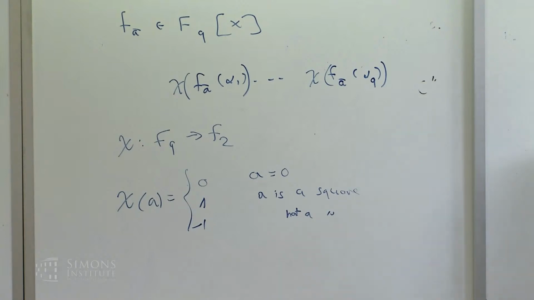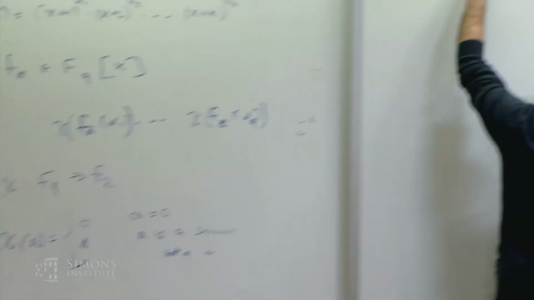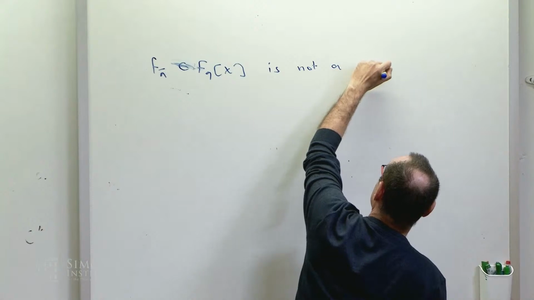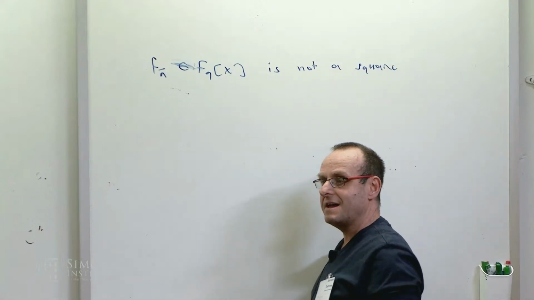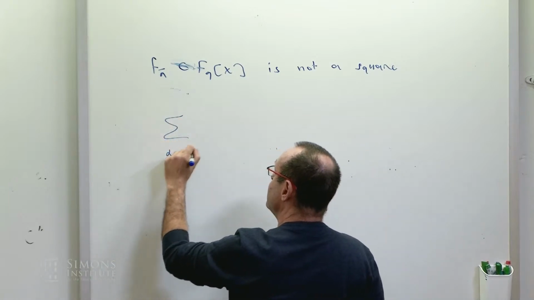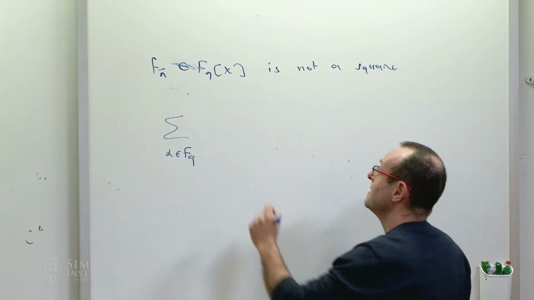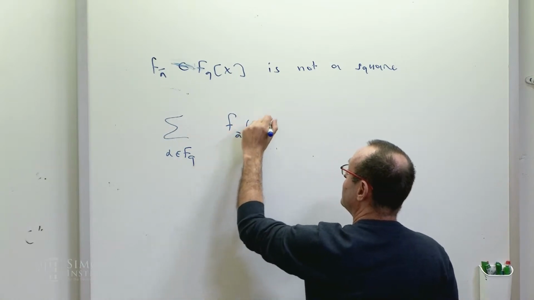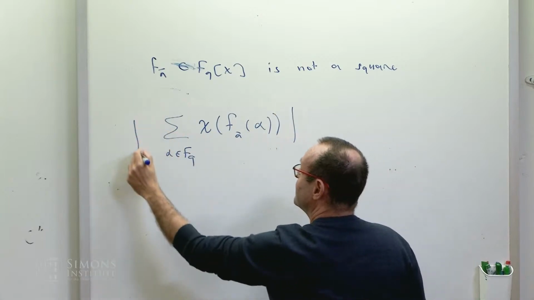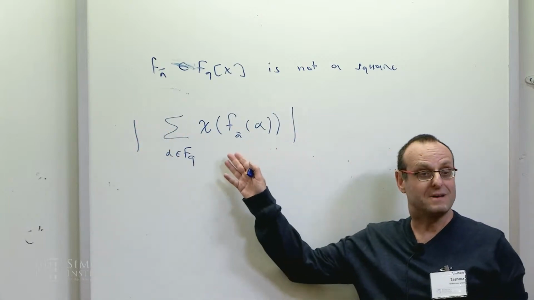Now let's analyze it. So basically, f of a is a polynomial in Fq of x, and it's not a square polynomial. And then the Weil bound tells us that if we go over all the elements in Fq and evaluate f on the element, about half of the elements are quadratic residues and half of them are non-residues.